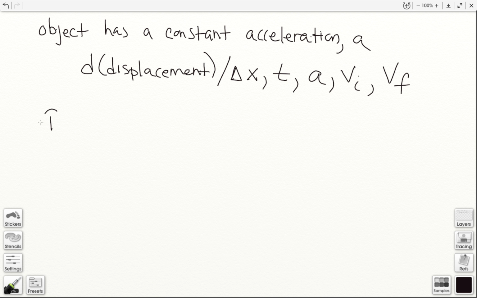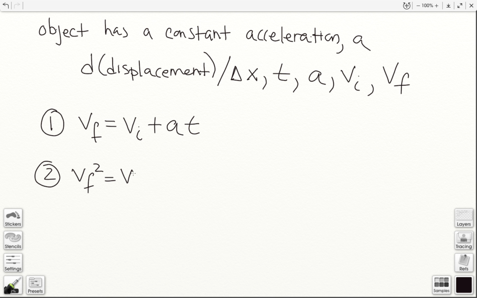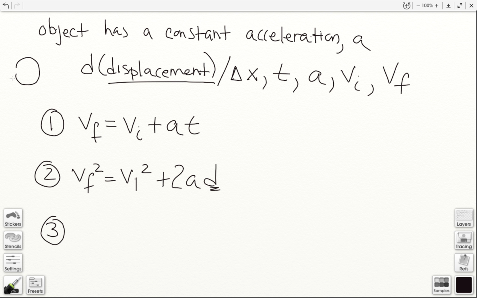The 4 equations, which are often called equations of kinematics, are: v final equals v initial plus acceleration times time; v final squared equals v initial squared plus 2ad. Again, this d is not distance, it is displacement. The difference is what I covered with the example with the track.